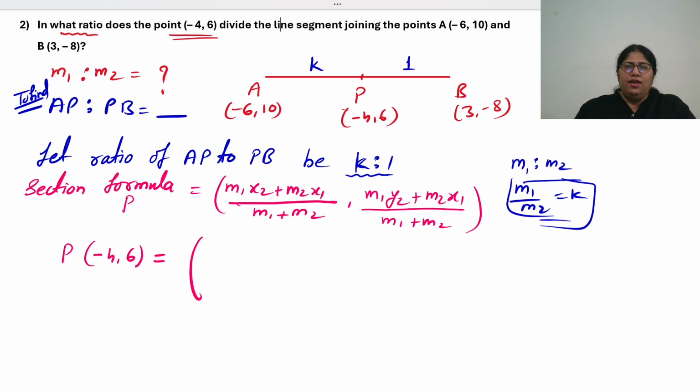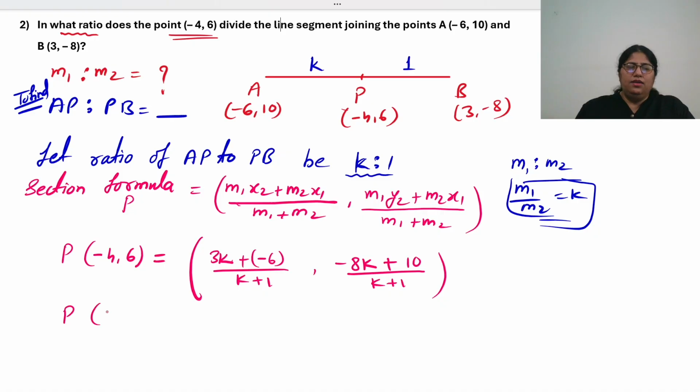So k into 3 will be 3k, then 1 times -6 is -6, by k plus 1, comma, then -8k, then 1 into 10 is plus 10, by k plus 1. So (-4, 6) equals ((3k - 6) by (k + 1), (-8k + 10) by (k + 1)).